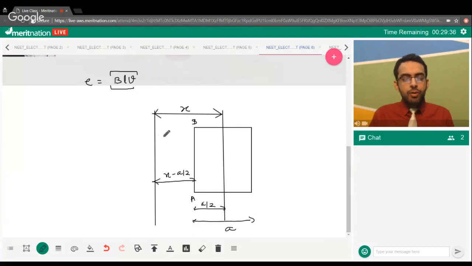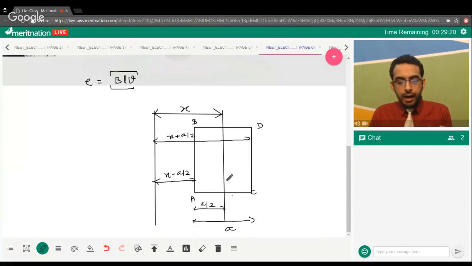And for the other side, CD, the distance is X plus A by 2, because X is from the middle of the coil, and the half of the side is A by 2. So now we can find the magnetic field across AB and CD.